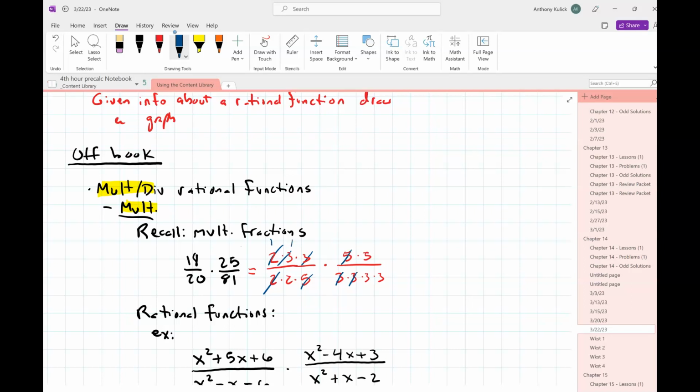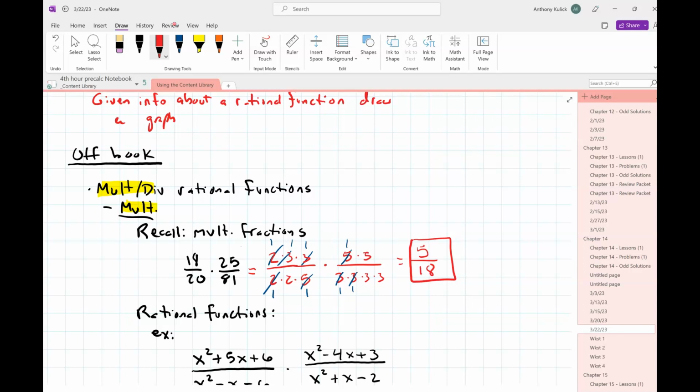So in the numerator I really have 1 times 1 times 1 times 1 times 5. And in the denominator I have 1 times 2 times 5 times 3 times 3 times 3, or 18. And there we go. Is everybody okay? Remember doing this?